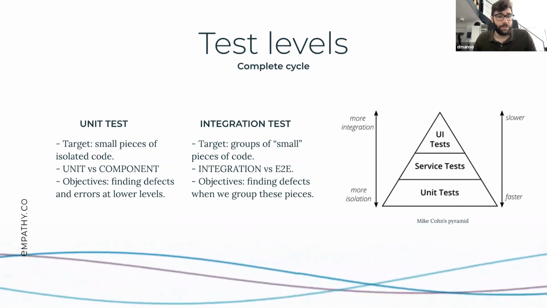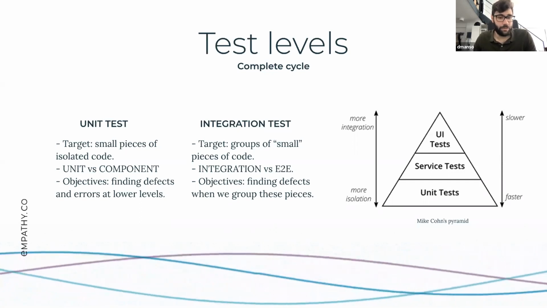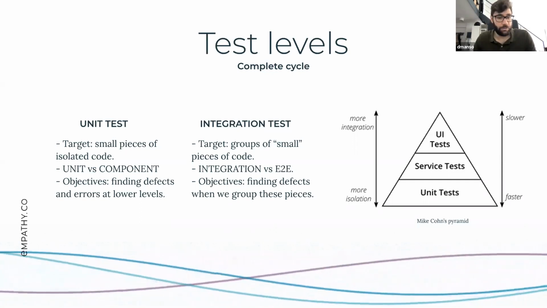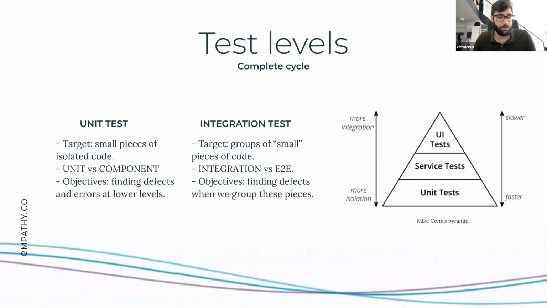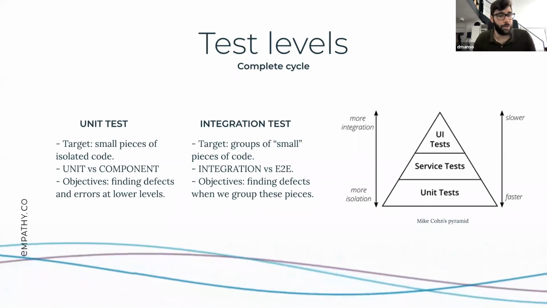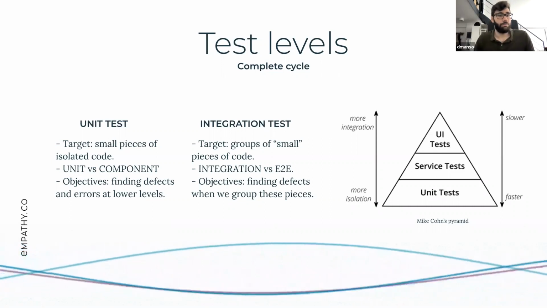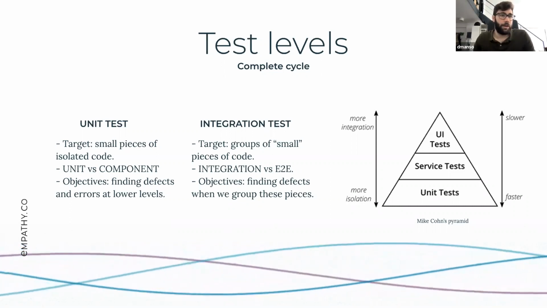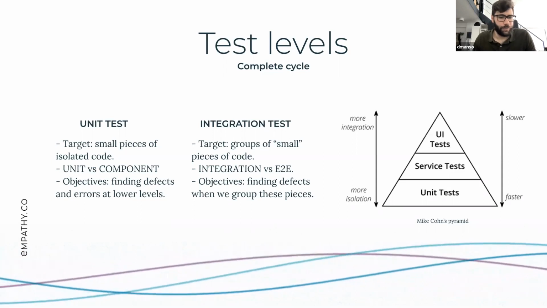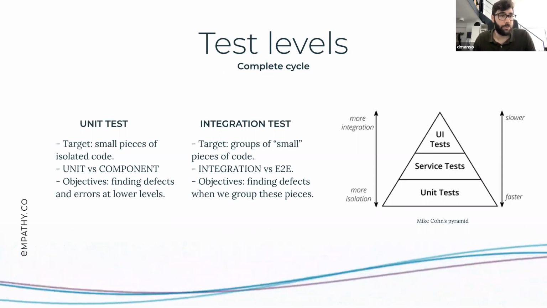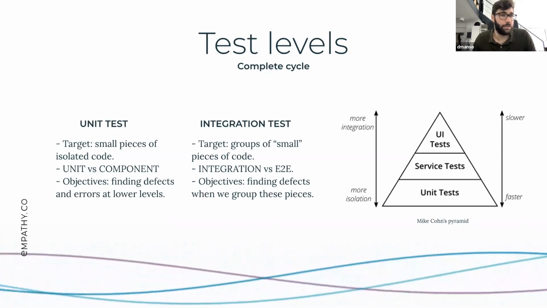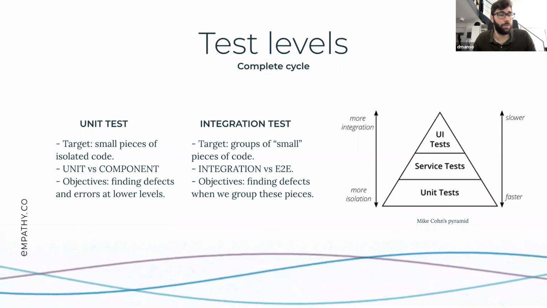Prevent these defects from escaping to higher test levels because, when we are composing a bigger piece with small pieces of code, this is important. And finally, verify that the component or unit works as expected when it was designed, so it accomplishes the requirements.